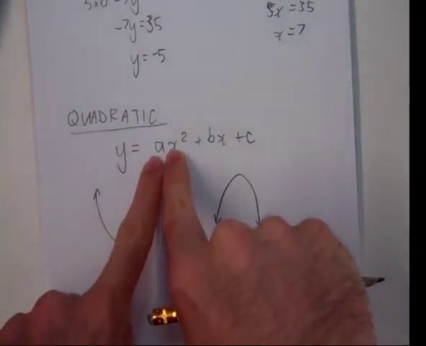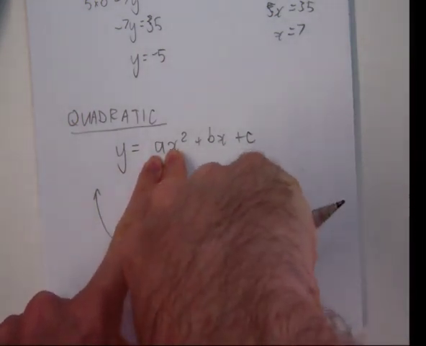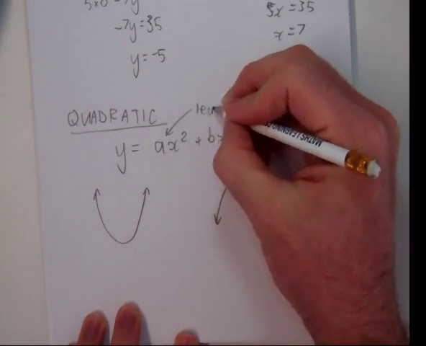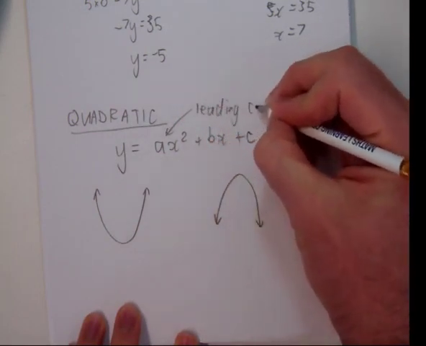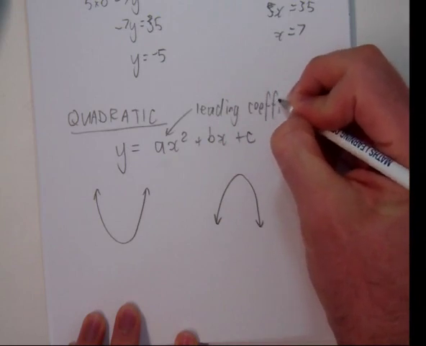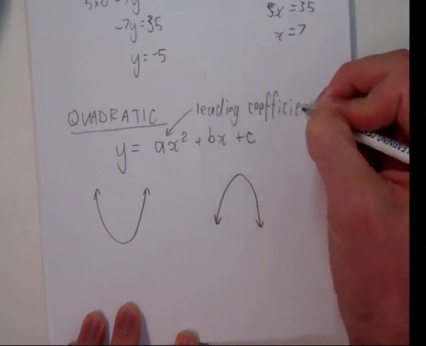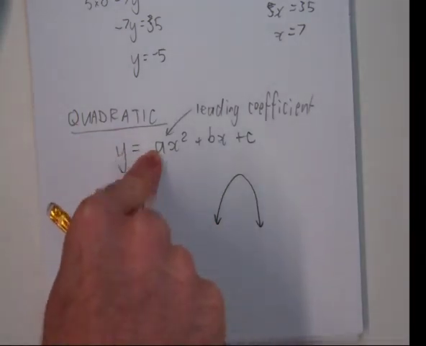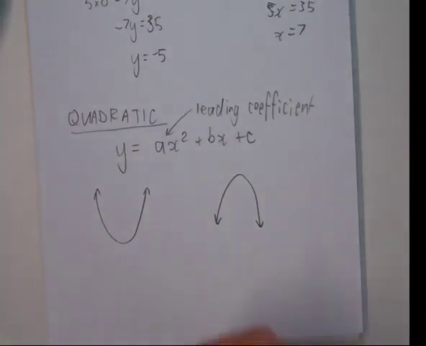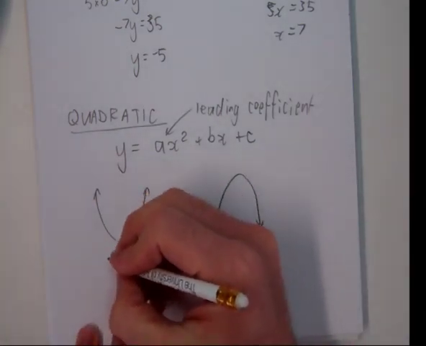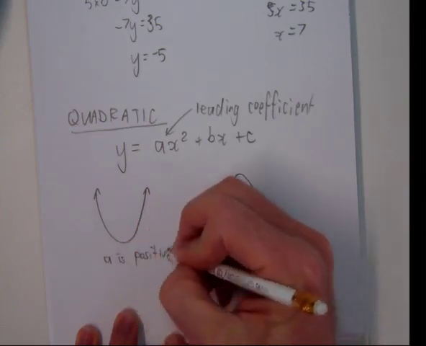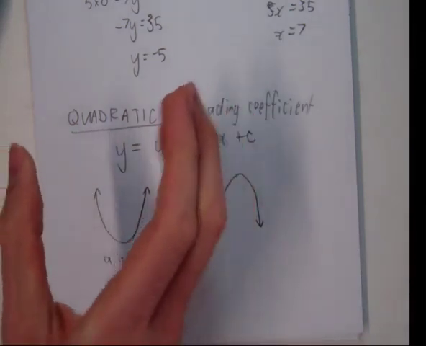So if this number here, which is called the leading coefficient, so it's a coefficient because it's a number attached to one of the x's. It's leading because it's the one at the front. So the leading coefficient, if the leading coefficient is positive, then your graph will go upwards like that.